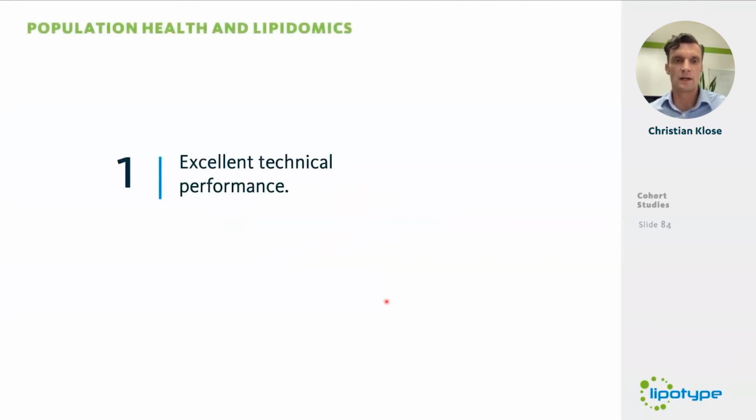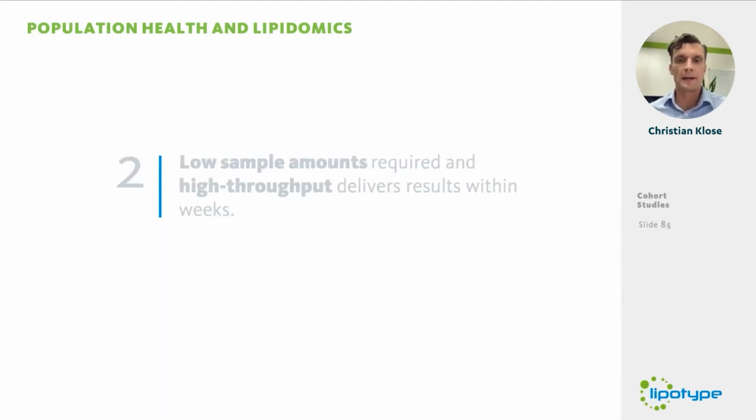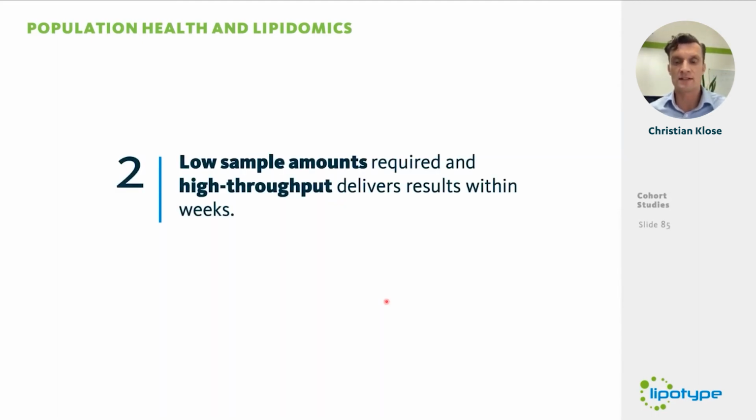First of all, our shotgun lipidomics technology provides really quantitative results with excellent technical reproducibility for hundreds of samples. So it's a very reliable technology. It requires only very low sample amounts, and it is a high throughput technology and can deliver results within weeks. So one really gets data right away and can go with statistical analysis and data interpretation.